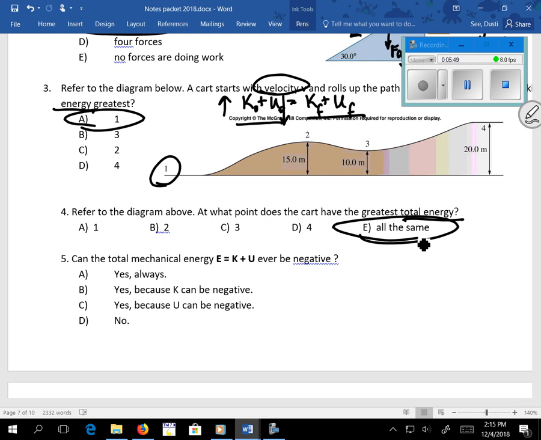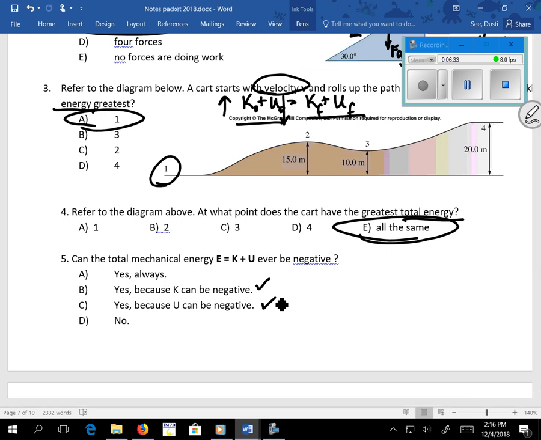I would like to add "explain" on that, because I think you can answer this in a lot of different ways depending on how you look at it or how you explain it. So my thought would be, can the total energy be negative? Well, if there's a loss of kinetic energy and a loss of potential energy, then yes, the total energy would be negative. Because of either one of those comments, that could be true.